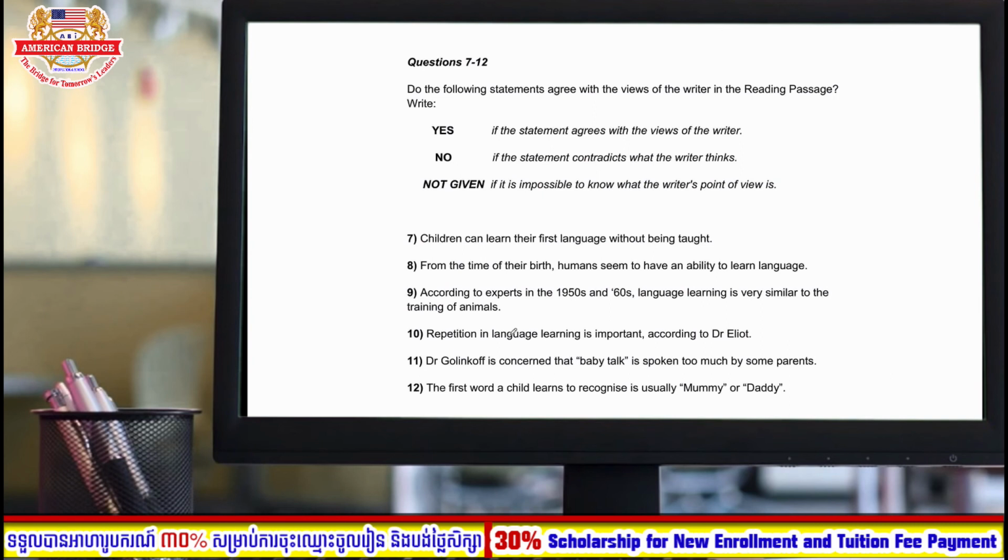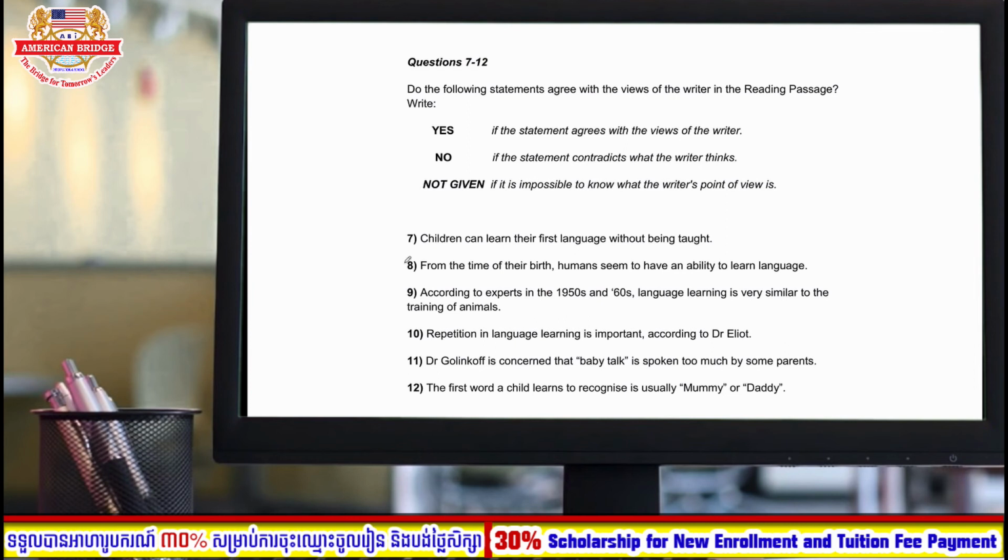So here is the sample exercise where the yes, no, or not given statements are given, right? So there are six sentences, and among these six sentences, you need to decide whether each sentence agrees with the writer's views, or disagrees, or you cannot find this information.